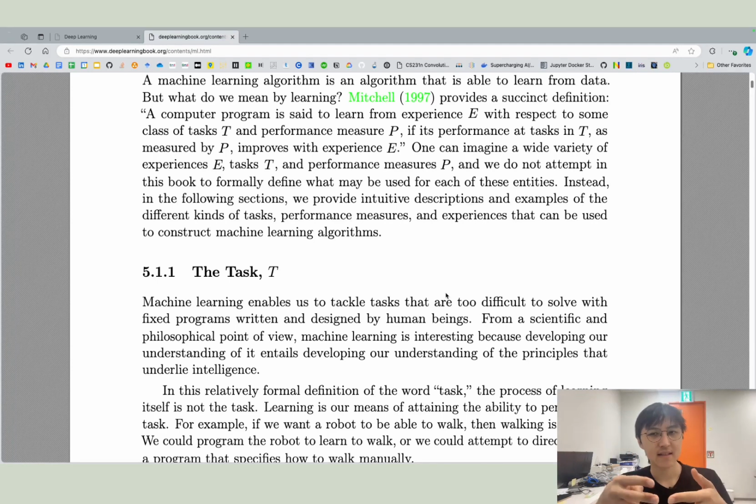And tasks T are different. For supervised learning, common tasks are classification and regression. For unsupervised, it is clustering, anomaly detection, etc.